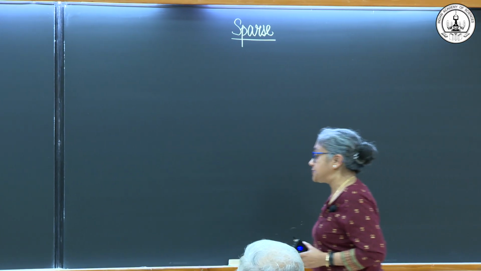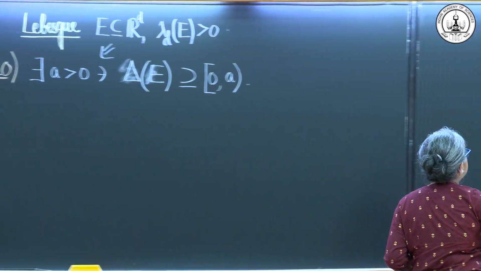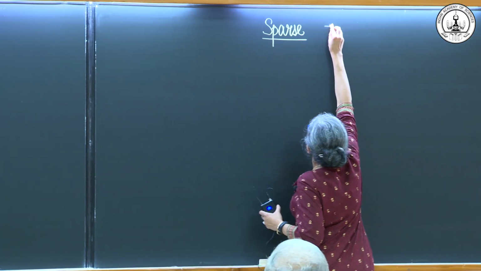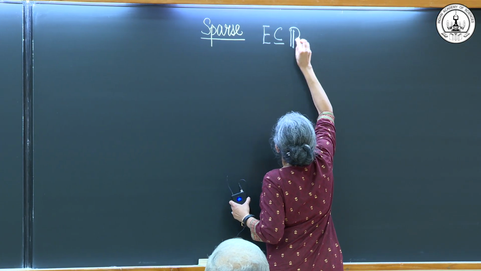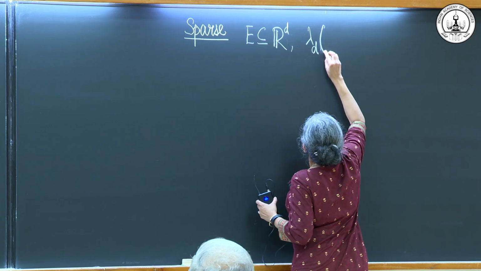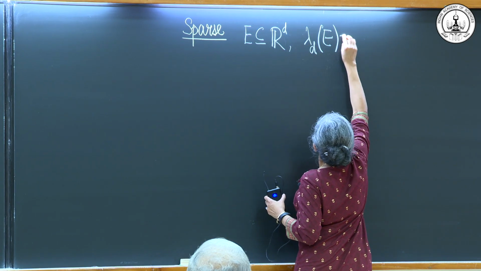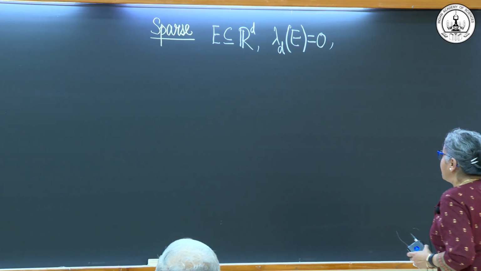What about the sparse version? What do I mean by a sparse version? Well, sparse version means that it's Lebesgue null. So we'll be talking about E where the d-dimensional Lebesgue measure is 0.